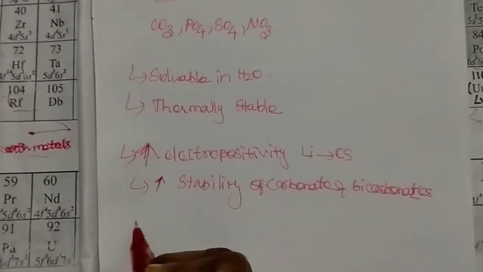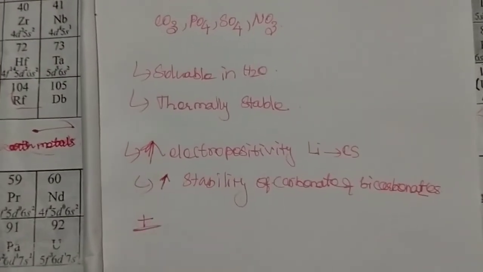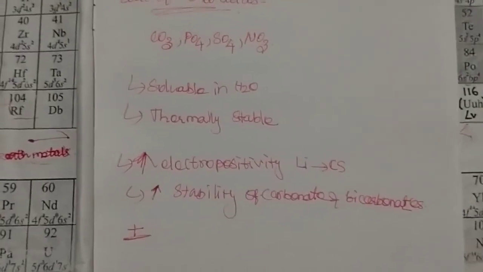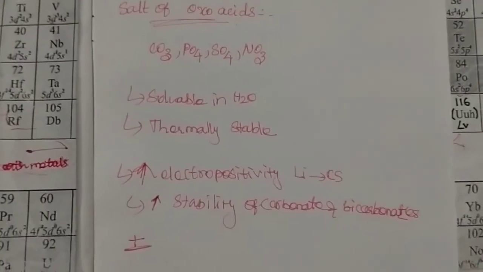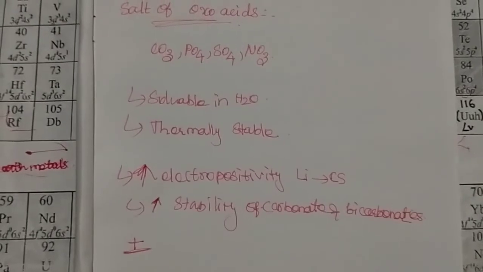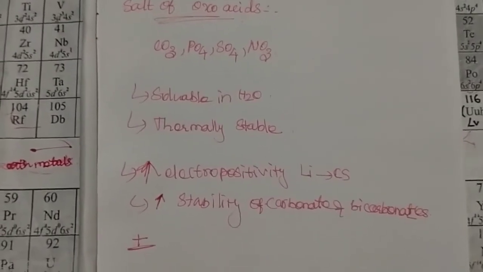So all the alkali metal cations have decreasing polarizing power. Because of that they are stable. Carbonate and bicarbonate of alkali metals are stable.